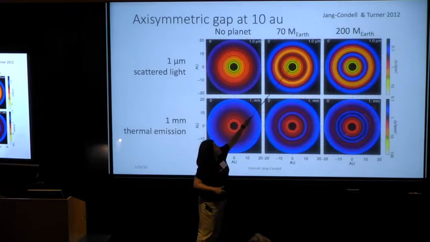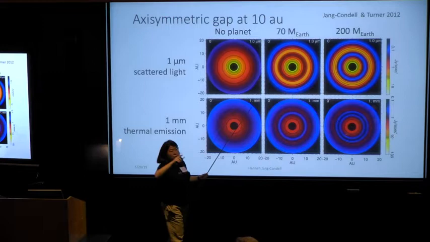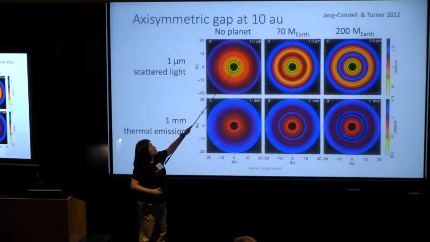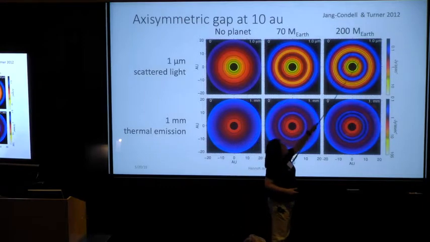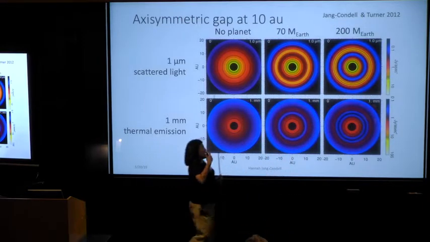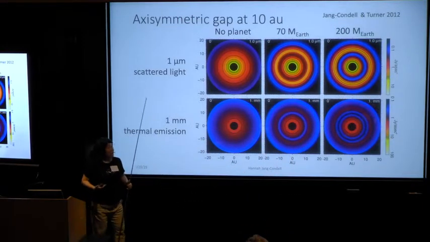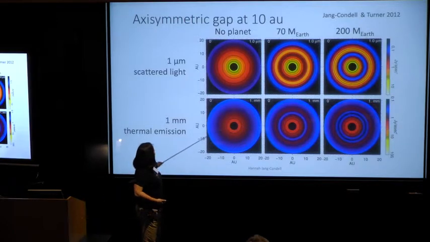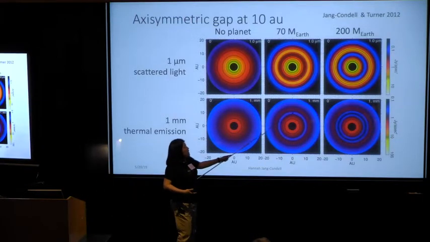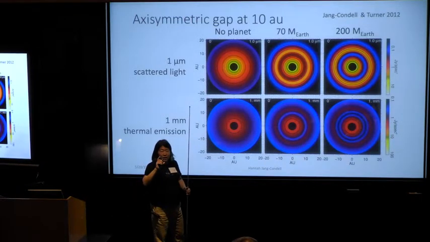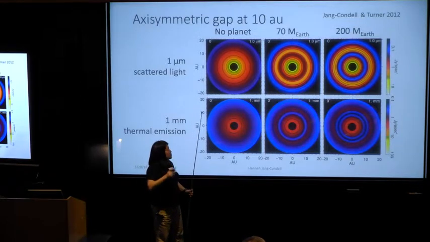But if you look at the far edge of the gap, it's been brightened beyond the unperturbed emission you see in a gapless disk. And that effect is increased still more as you increase the mass of the planet and opens a wider and deeper gap. And now, when you look in the 1 millimeter emission, you can see the effect on the thermal structure of the disk. So what you're picking up here, it's not just a change in density due to the opening of the gap.